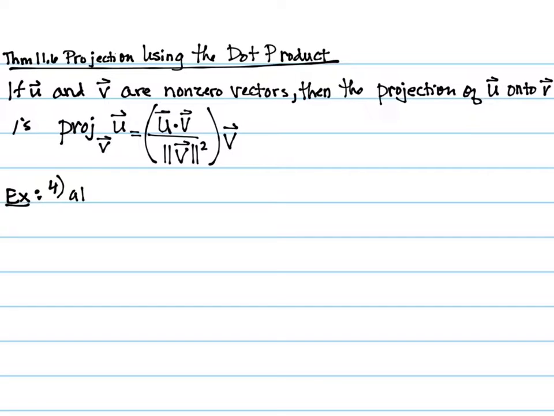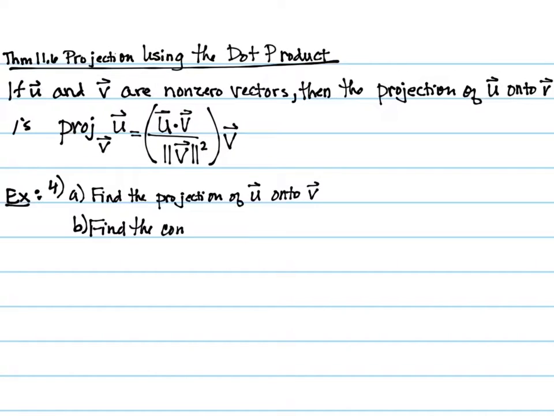We're going to A, find the projection of U onto V. And then B, we're going to find the component of U orthogonal to V.